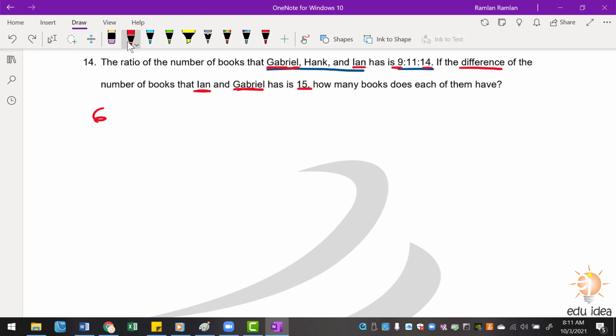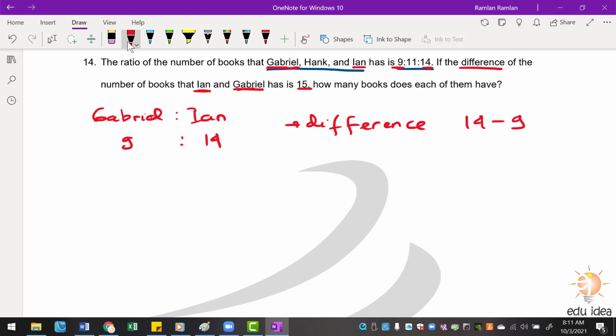So let's focus on Gabriel and Ian, represented by 9 to 14, right? The difference means it's subtracted, so it's going to be 14 minus 9.